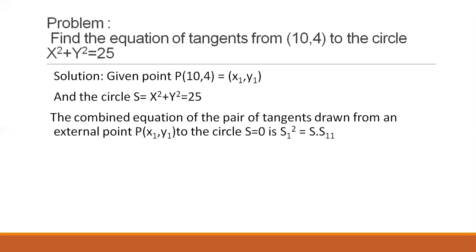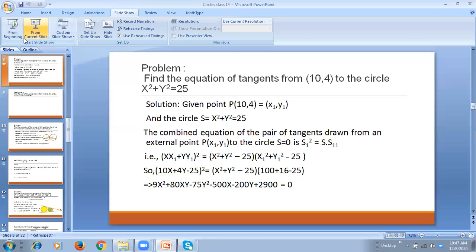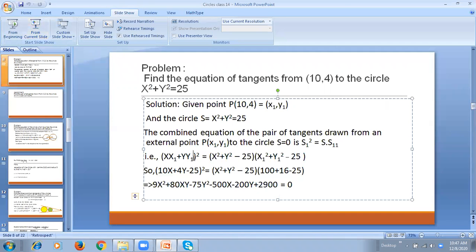The combined equation of the pair of tangents drawn from an external point P(x1, y1) to the circle S is equal to 0 is S1 square is equal to S into S11. What is S1 for the given circle, children? x1 square plus y1 square minus 25. I forgot to write minus 25, children, here.